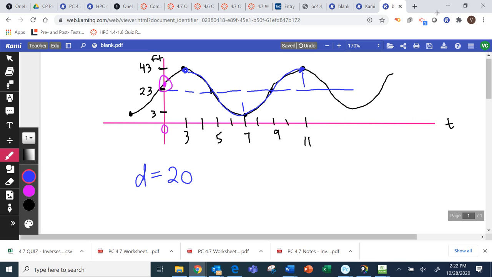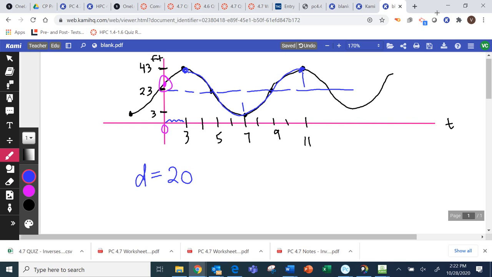Is she going up first or down first? Well, if it only takes her 3 seconds to get to the top, but it takes a full rotation 8 seconds, she must be going the shorter distance to get up. She must not be going all the way backwards. She should be going straight up.